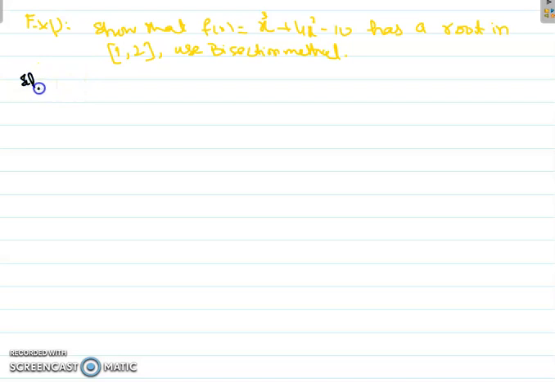So the solution of this example is, first of all, we will check the value of the function on 1, putting 1 in place of x, so we get minus 5, and checking the value of the function on 2, which is equal to 14. So the first condition in the bisection method is satisfied, that the multiplication of f of a and f of b is less than 0.